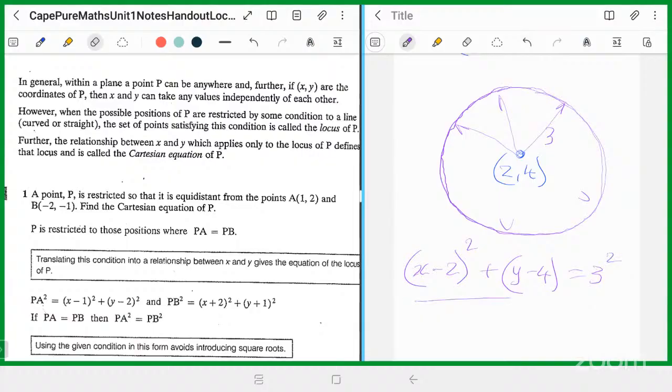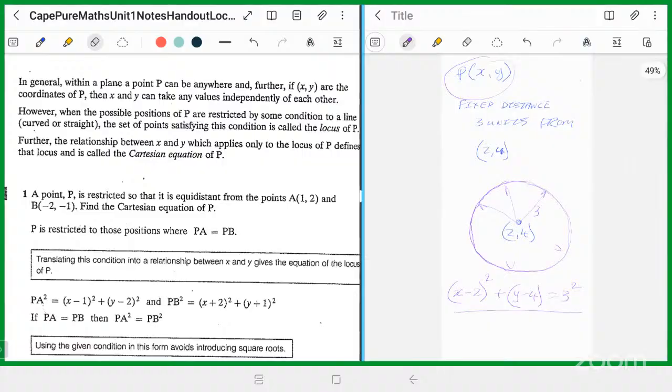That will be the locus of the point P, which moves such that it is a fixed distance of 3 units from this point. This equation is the locus: the equation of the curve, line or path that the point takes to satisfy the given condition.